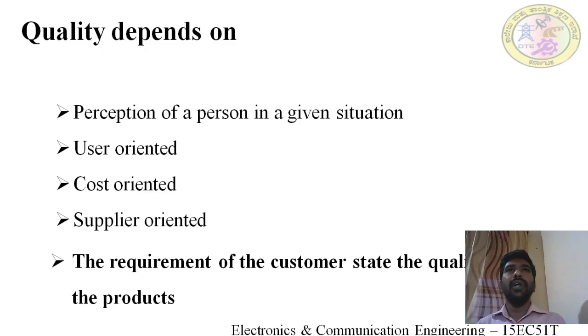It is also supplier oriented, which is one of the most important parameters. There are n number of suppliers, but which supplier supplies a reliable product is very important. Quality depends on all these four parameters. At last, if the end user is happy and says it is quality, then you can say it is a quality product.